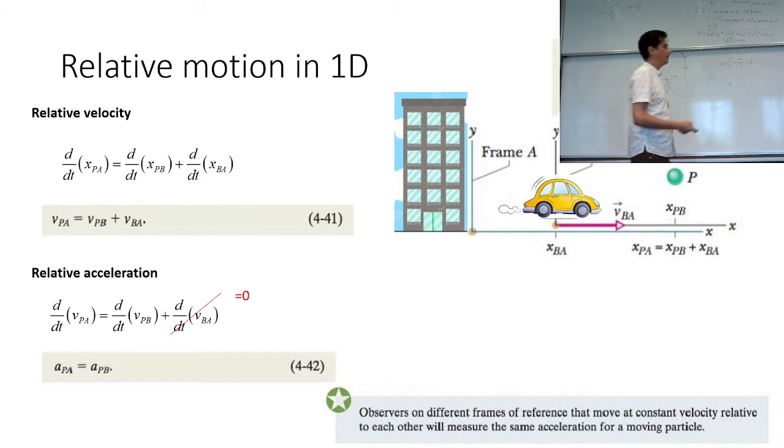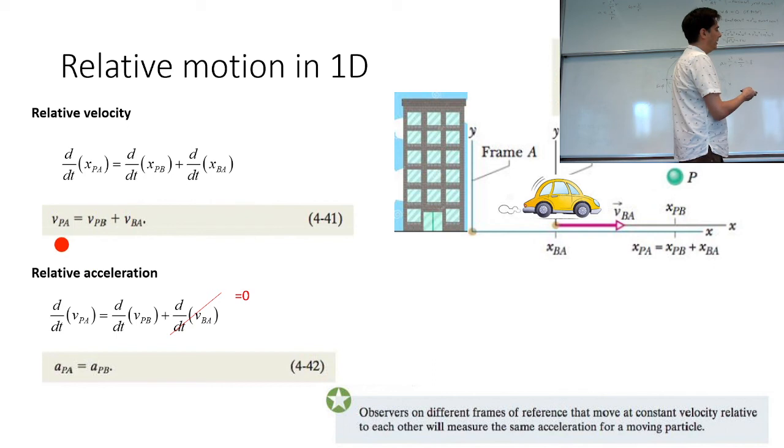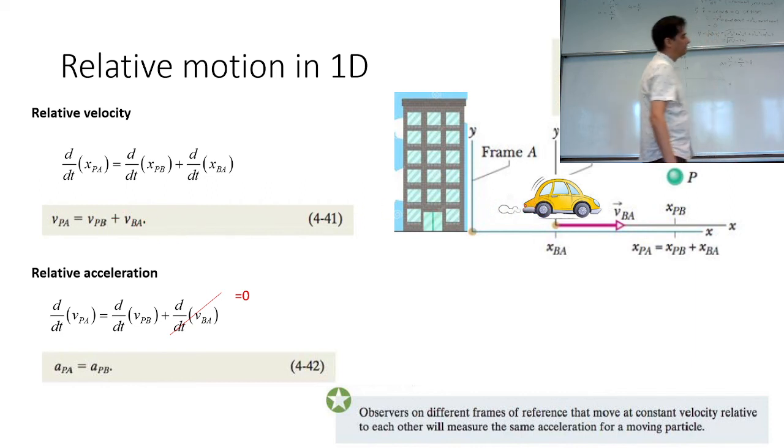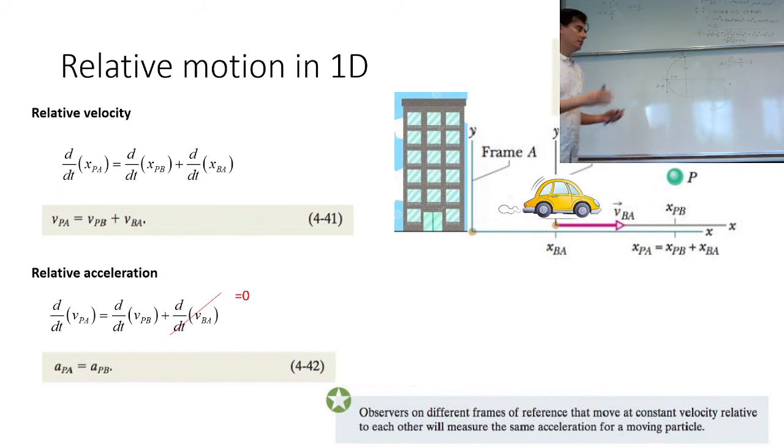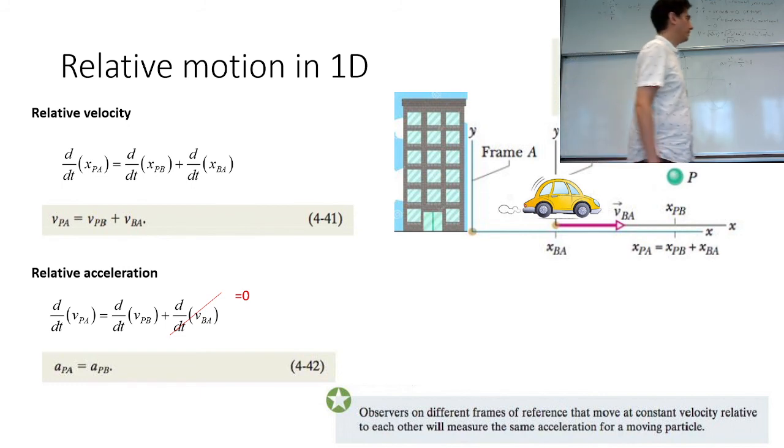So you just take the velocity of the point relative to frame A, the velocity of the point relative to frame B, and this is the relative velocity between B and A. This is taken to be a constant in this case.